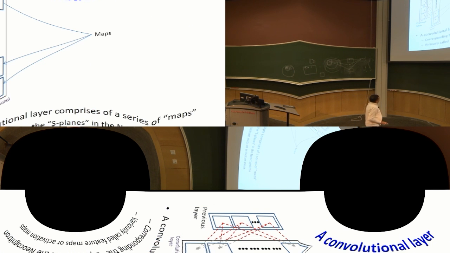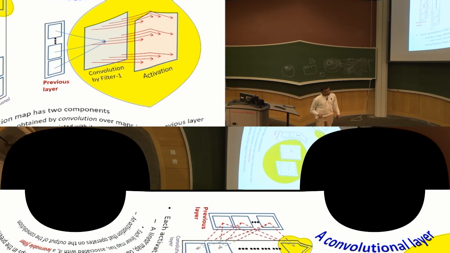Right. So let's look at the convolutional layers. A convolutional layer comprises a series of maps, as we just saw, corresponding to the S planes in the neocognitron. They're variously called feature maps or activation maps. Each activation map has two components. First, you have one linear component which computes the weighted combination of everything that it sees in the previous layer.